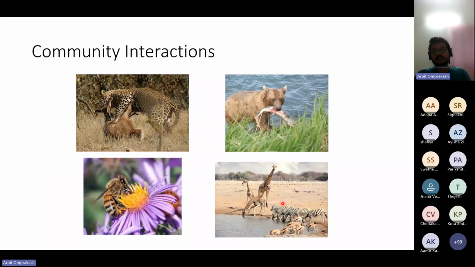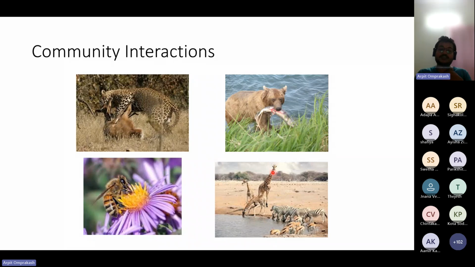We also have other interactions where many different kinds of herbivore species or mammals aggregate together to drink water and move in groups because it helps them look out for each other. If there are a lot of different species, they can look out for a lot of different things. For example, this giraffe from its high vantage point might see something from very far away, but the others might not.